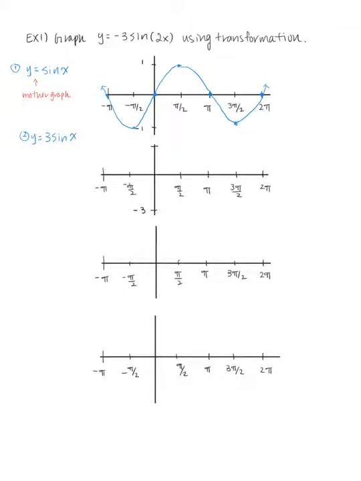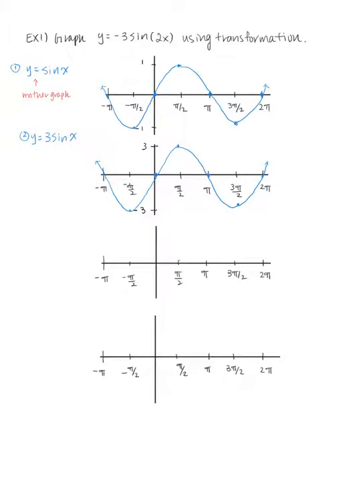I know this is completely drawn off the scale. I apologize. So what's going to happen is 0, high, 0, low, 0. Oh my goodness. All right, and then I'm going to have this same situation on this side, just like that.